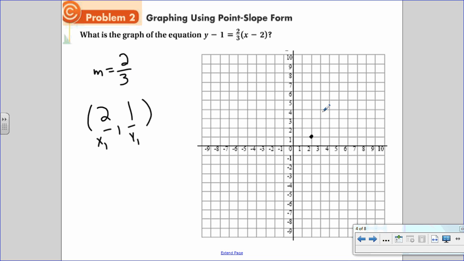We can get more points by using the slope. Up 2 to the right 3, there's another point. Up 2 to the right 3, and now we have enough to draw a line that goes through this point with that slope. That's the equation.